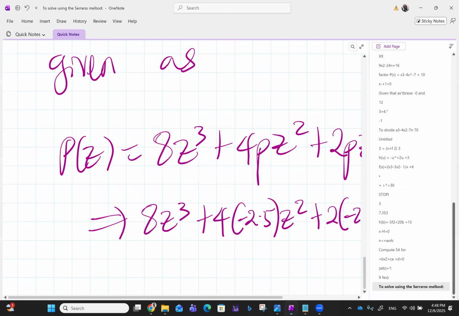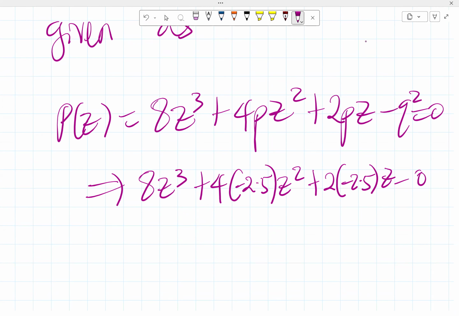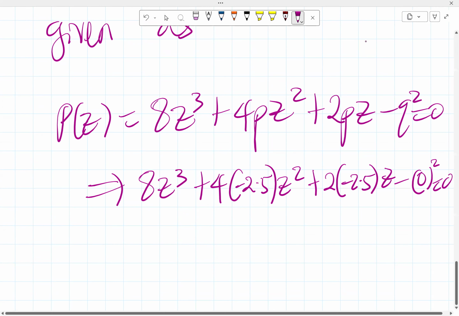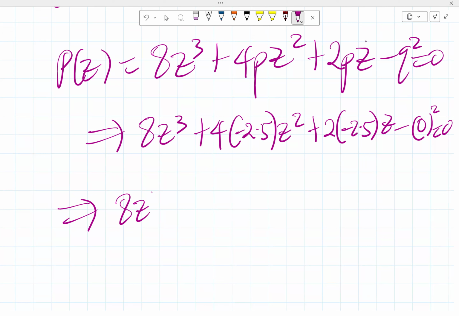Okay, that works, so we are good. And then lastly, minus q squared. Q is 0 equals 0. So that's already something for us to ponder. So this implies that we have 8z cubed. Then this is 4 times 2.5, that's 10. That's minus 10z squared. And this is minus 5z equals 0.